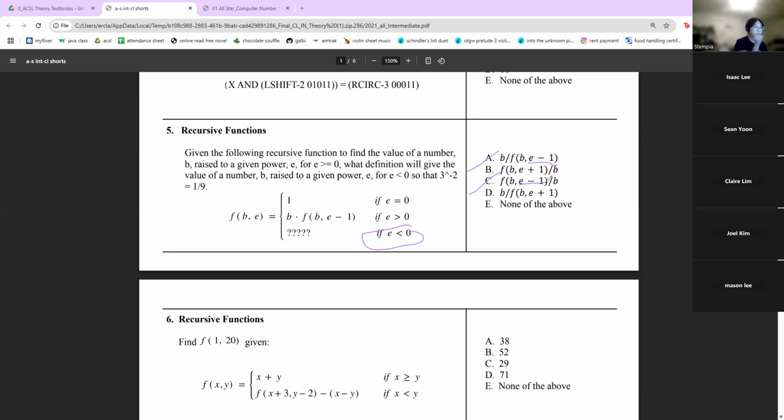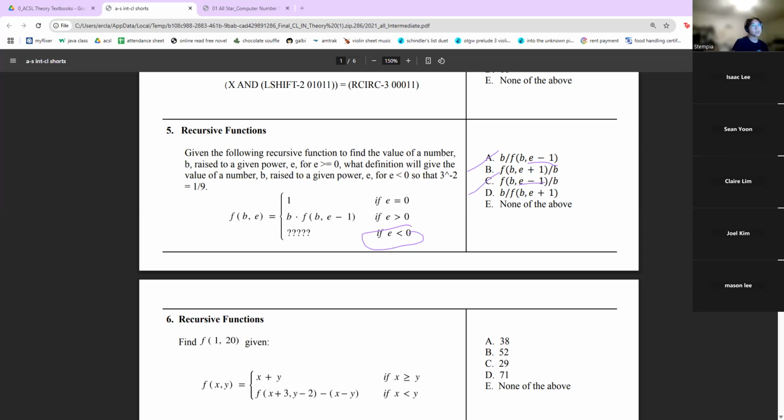If we had 3 to the negative second, e is -2, which is less than 0. Plugging it into A and C would give us b comma e -3, then b comma -4, b comma -5, et cetera. Nothing inherently wrong with that per se, except that it gives us an infinite loop. We're consistently going back into that third branch where e is negative, and we have no way of getting out of it. So the answer cannot be either A or C.